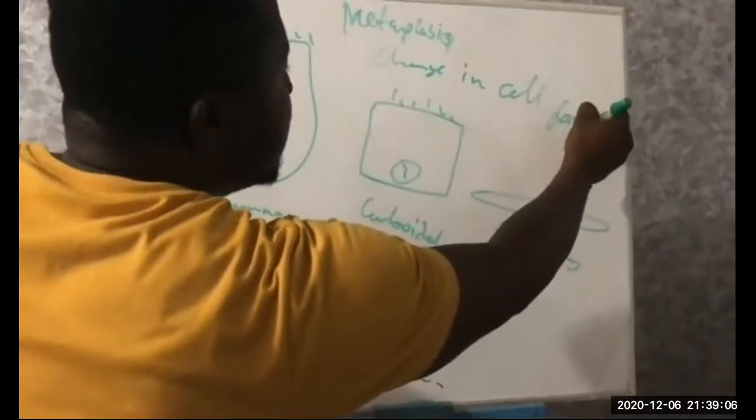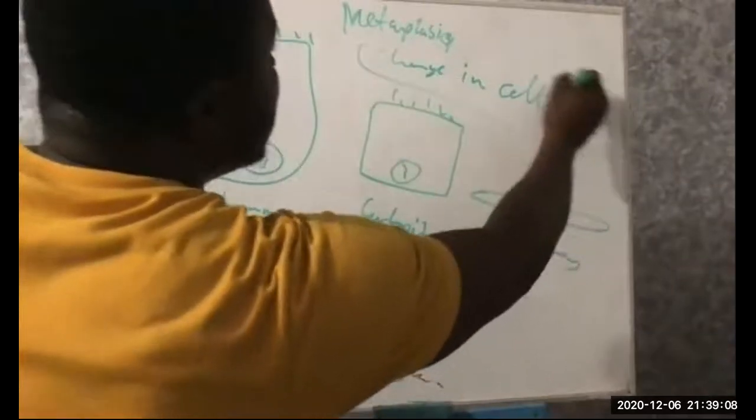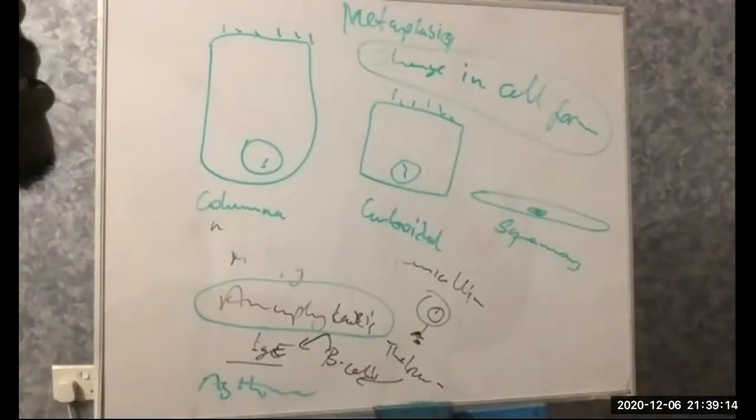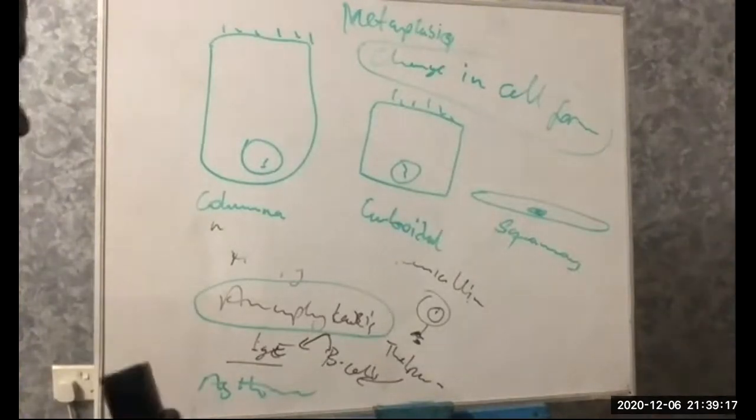So how do you know it is metaplasia? You need to know each and every tissue, the kind of cells found over there. If you go to your bladder, you have some cells we call transitional cells.